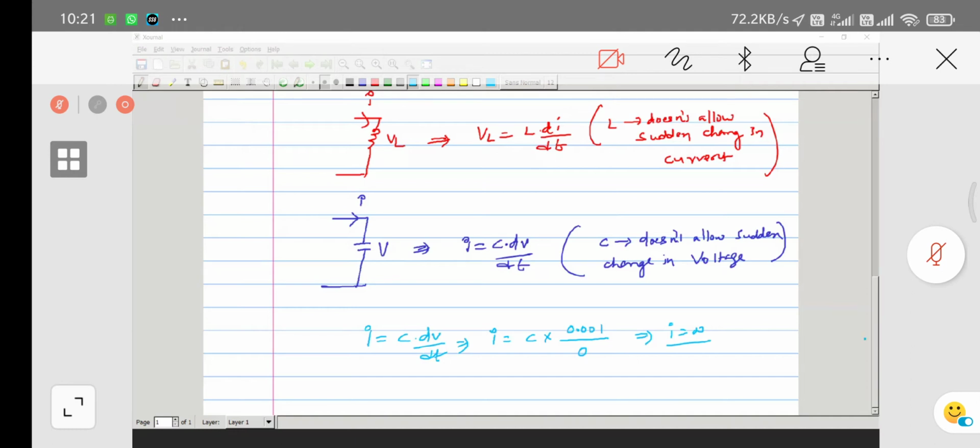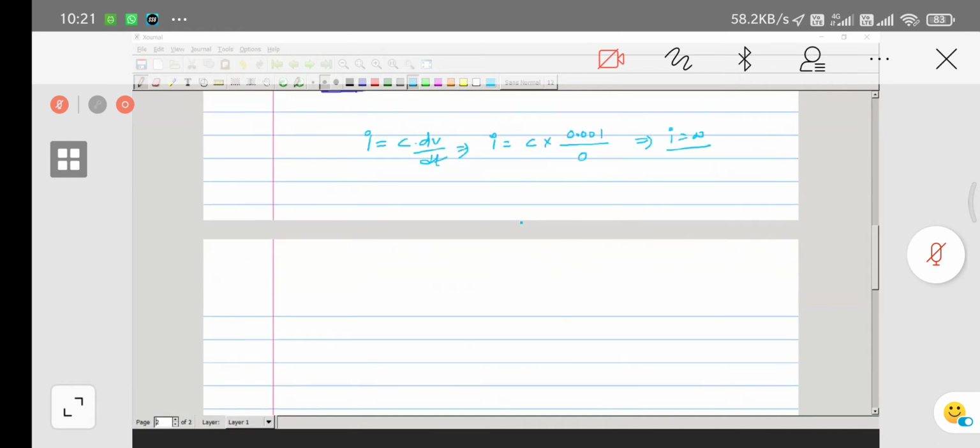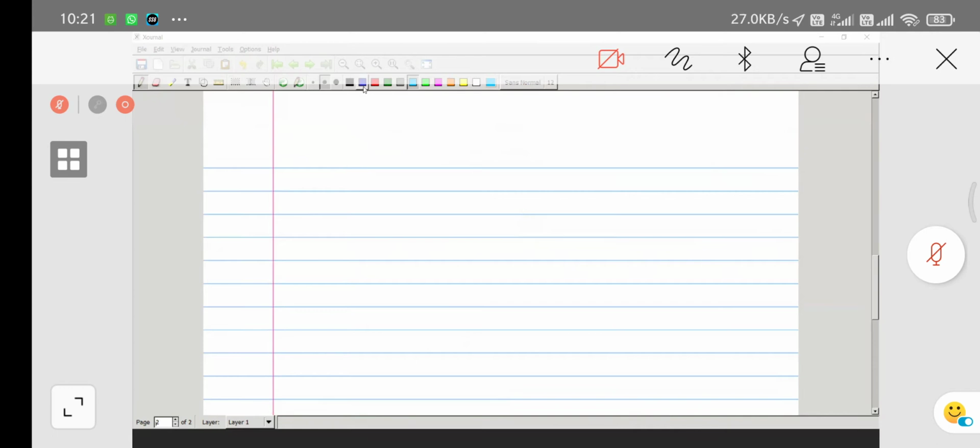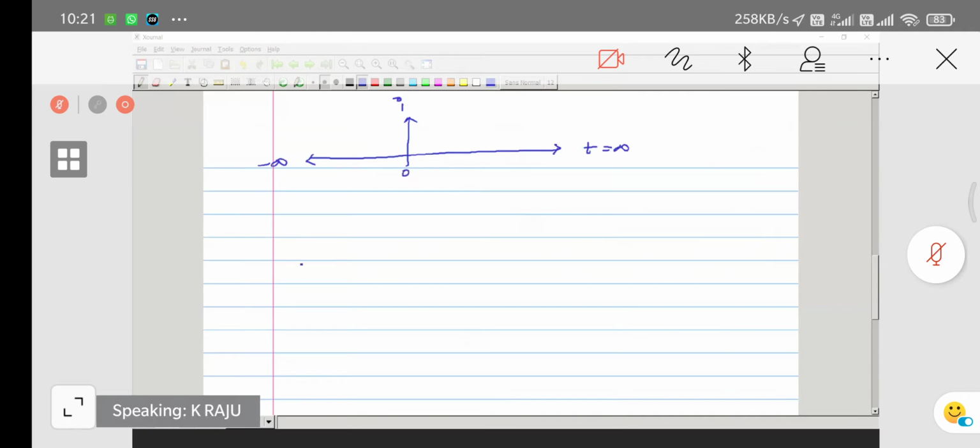Okay. So keeping these two things in mind, in this transient condition you can see there are two conditions. Here I'm considering the change in current I, and I'm taking the time t, with t equal to infinity, t equal to minus infinity, and t equal to 0.